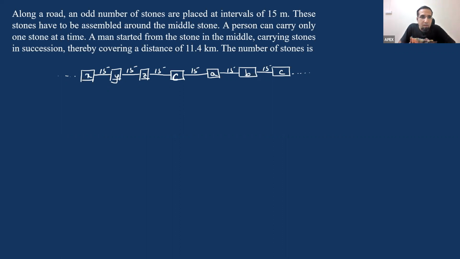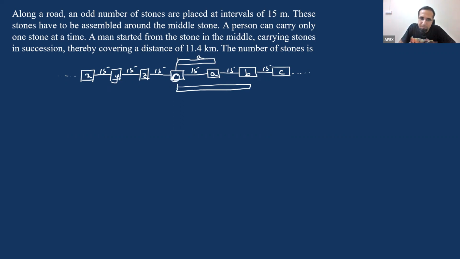So a person can carry only one stone at a time. A man has started from the middle, carrying stones in succession. So this guy starts, if he has to bring A, he has to go forward, then take it back and then come back. This is the process to carry stone A. If this guy has to bring stone B, he's going here and then coming back carrying stone B, and so on.